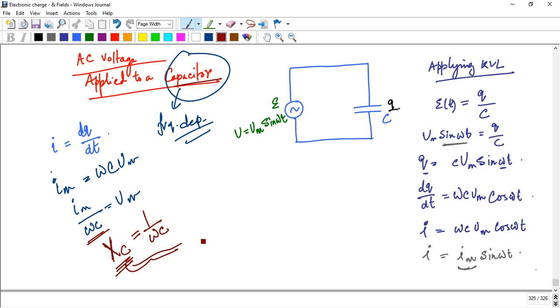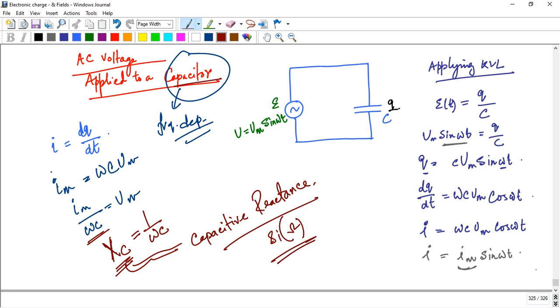This is called capacitive reactance. It behaves as a resistor in the circuit. Keep in mind, the SI unit is ohm.